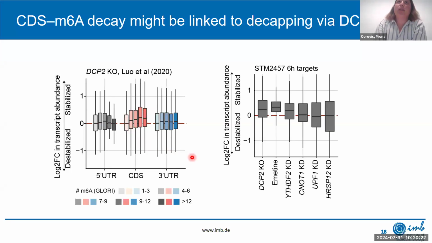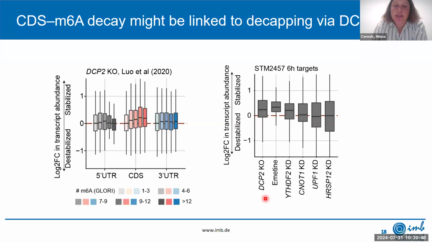And one more thing that we did in order to try to distinguish our pathway from other known pathways, we made use of our already defined set of targets, where we defined 6-hour targets of the M6A depletion. And we looked how these targets are acting in all of these data sets.